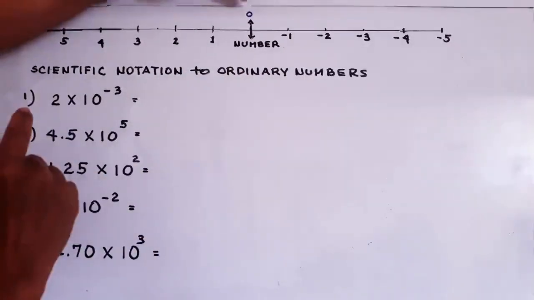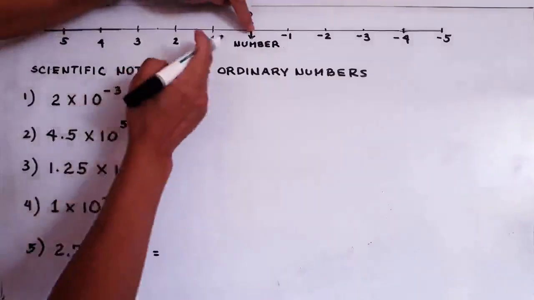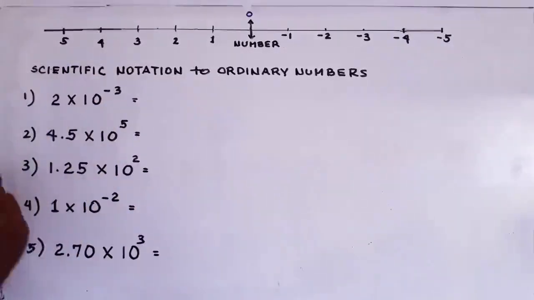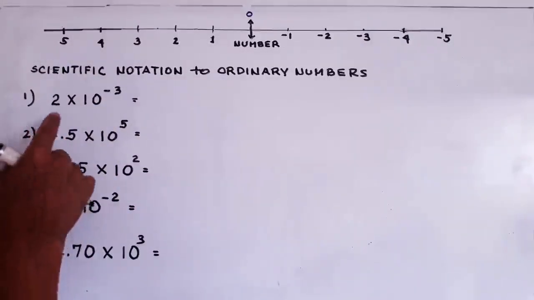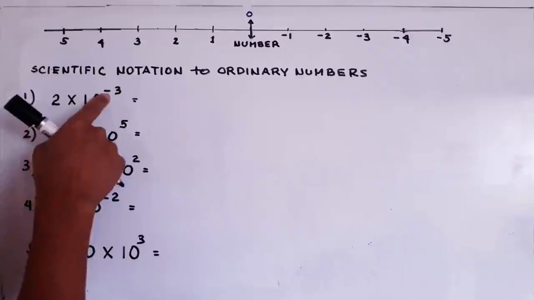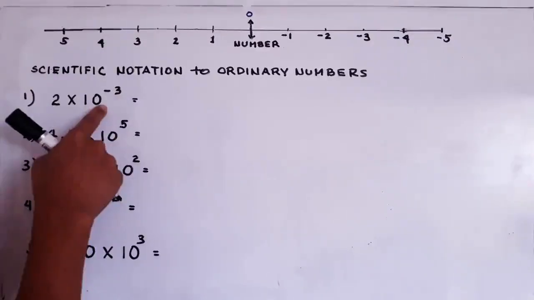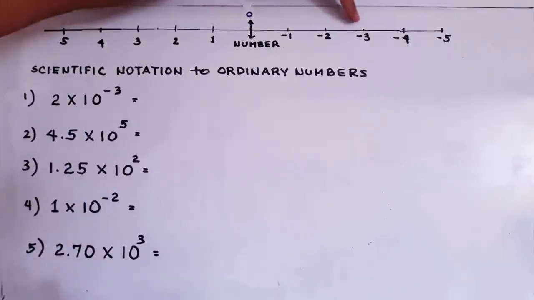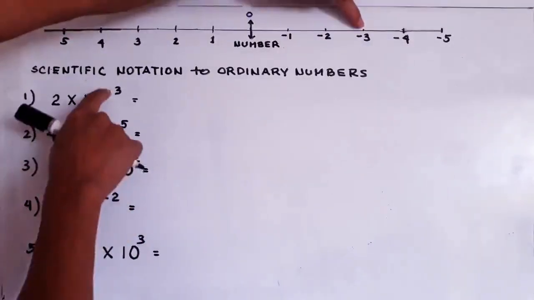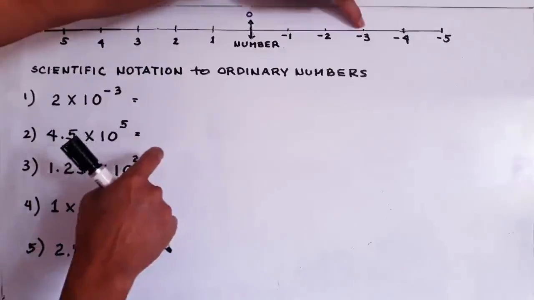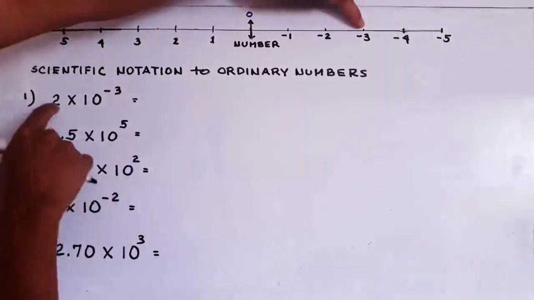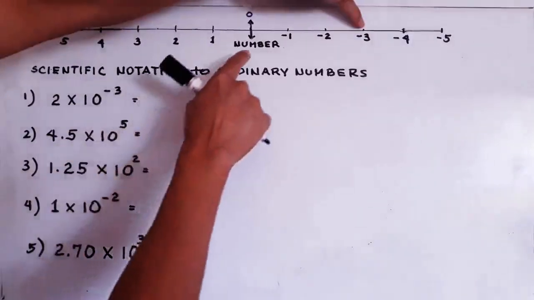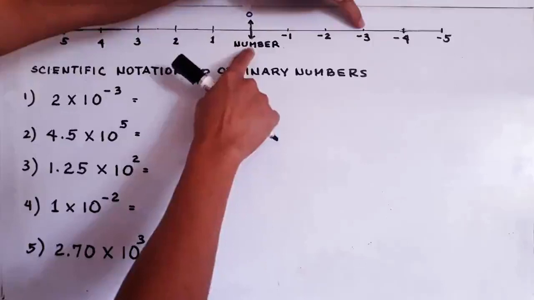Our ordinary numbers should be here. All of these are exponential numbers or notations. So number one, we have the negative 3 here. Find the negative 3. Where is the negative 3? So the negative 3 is here, class. Then, to put this number into ordinary numbers, we need to go here, because this is for ordinary numbers.